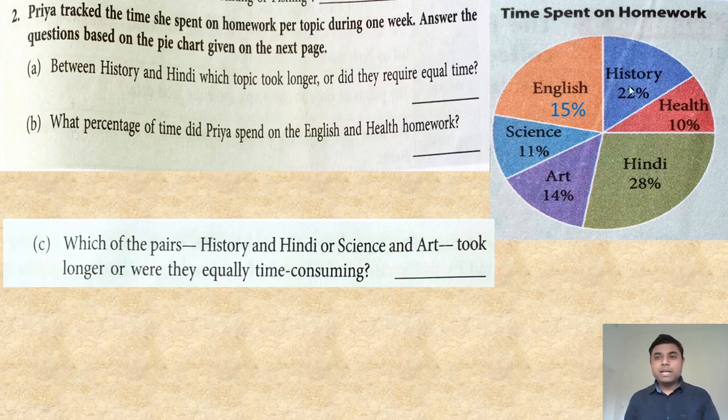So what you can see here: history 22%, health 10%, Hindi 28%, art 14%, science 11%. That means if the total time is 100 minutes, 22 minutes were spent on history homework, 10 minutes on health homework, 28 minutes on Hindi homework, like this. But for English there is nothing written.